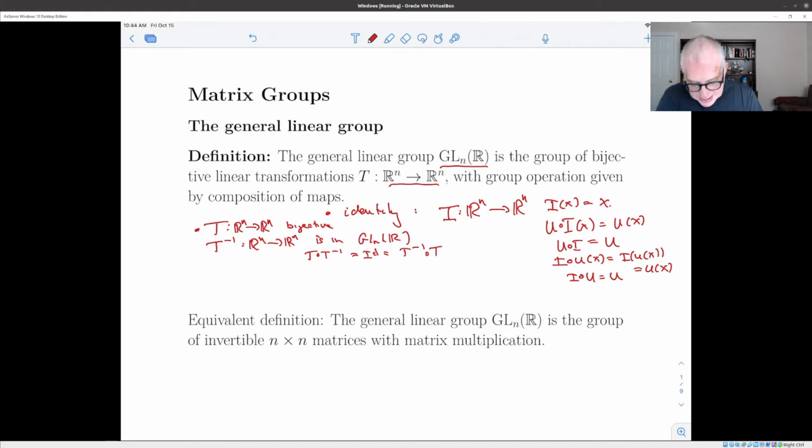And then finally, we have to check associativity, but composition of maps is always associative.